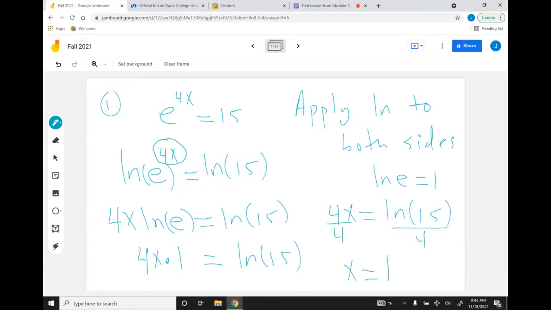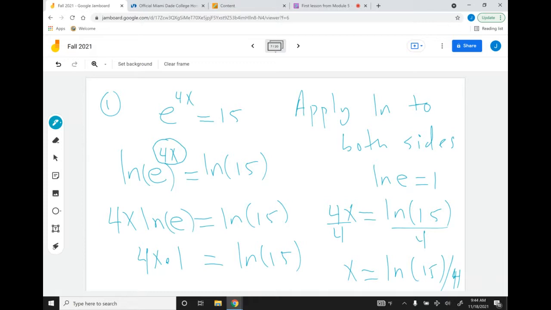So x equals ln of 15 divided by 4. What's ln of 15? I don't know. I know it's a number, and I have a calculator that I've had since I was in high school, and I still use it, and I hope to inherit that to my son. And you just compute it.